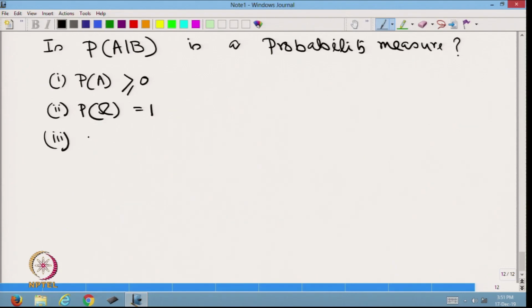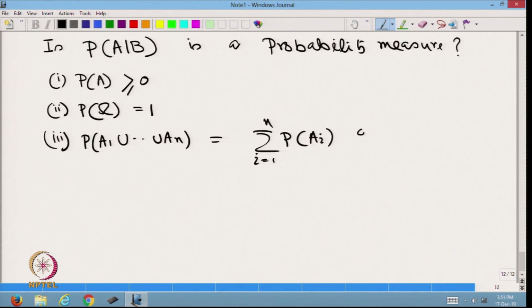And thirdly, we know that the probability of A1 union up to An is equal to the sum of the probabilities of Ai, i equal to 1 to n, when the Ai's are mutually disjoint. We need to show similar things with respect to conditional probability.